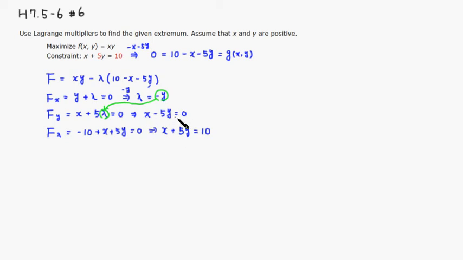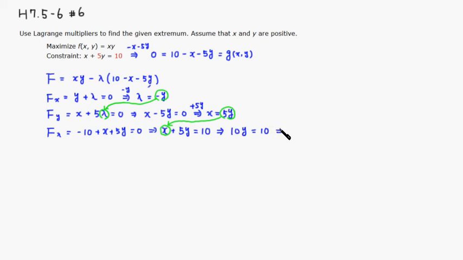So it's easy to find x. Just go ahead and add 5y to both sides, so you have x is equal to 5y, right? And then we can plug this guy in for x, which gives us 5y plus 5y, so it's 10y is equal to 10, right?